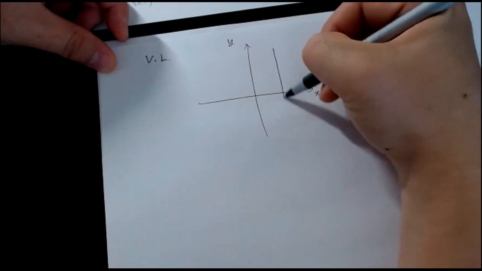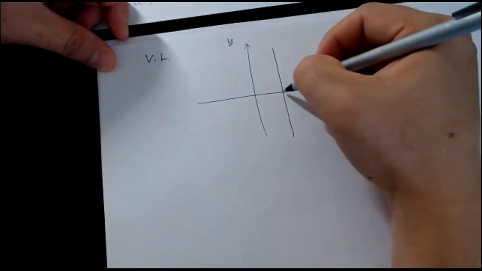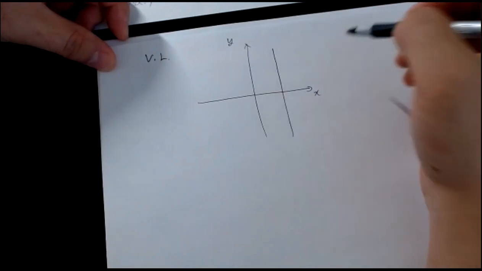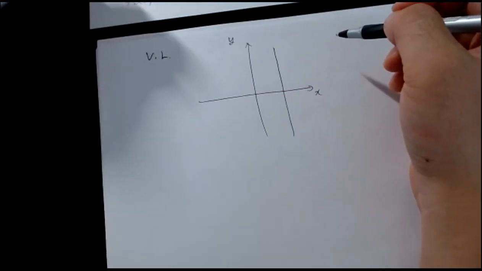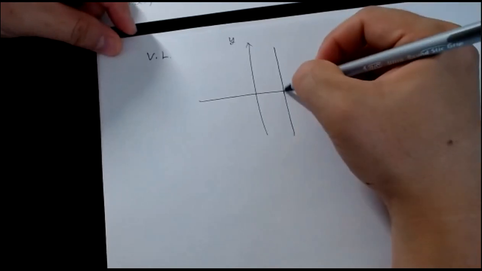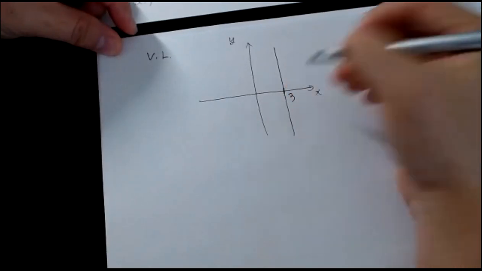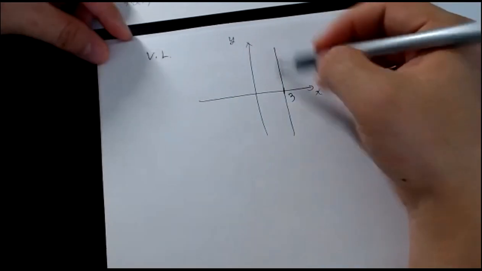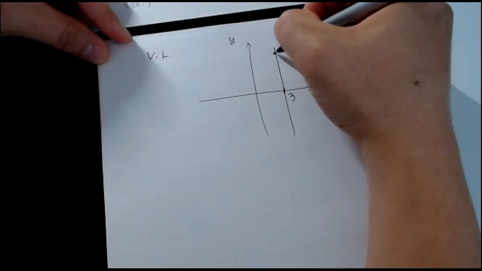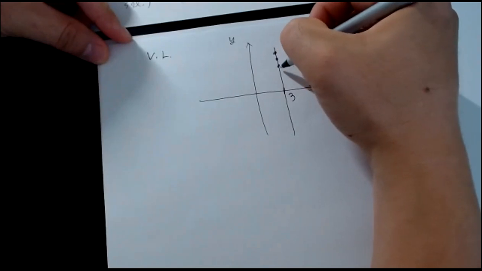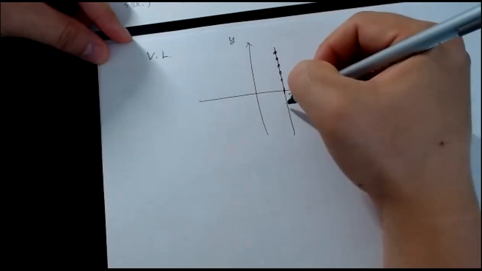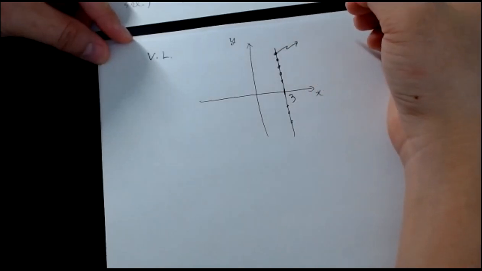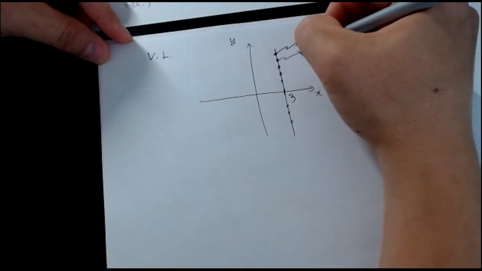A vertical line must cross the x-axis, right? So let's say here this is, for example, 3. Now to figure out the equation of that vertical line, let's take a look at points on the line, and then observe the ordered pair for each point.